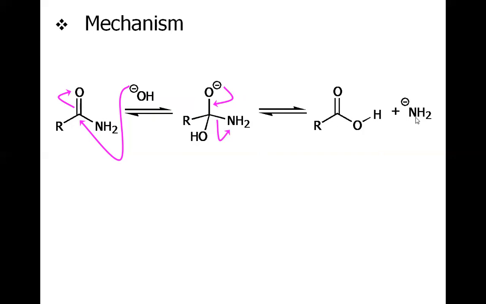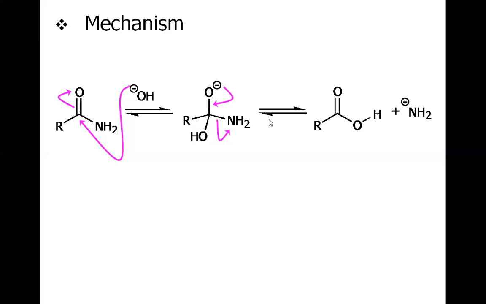And remember, this NH2 is not a good leaving group, but still it will leave because we have no other options, because this oxyanion cannot make this hydroxy group leave or this alkyl group leave. So if we compare the leaving tendency of alkyl, hydroxy, and NH2, NH2 has relatively the better leaving tendency as compared to the other two.